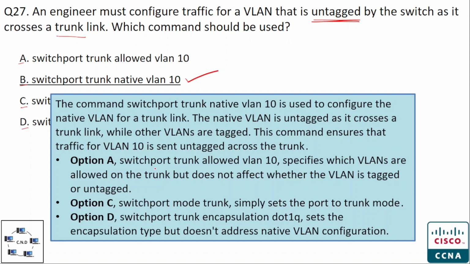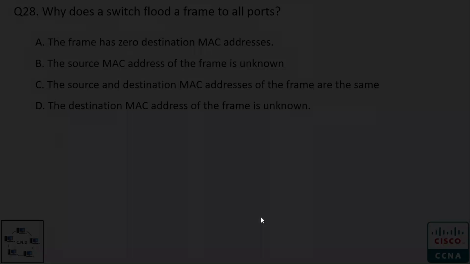Option A, switchport trunk allowed vlan 10, specifies which VLANs are allowed on the trunk but does not affect whether the VLAN is tagged or untagged. Option C, switchport mode trunk, simply sets the port to trunk mode. And option D, switchport trunk encapsulation dot1q, sets the encapsulation type but does not address native VLAN configuration.